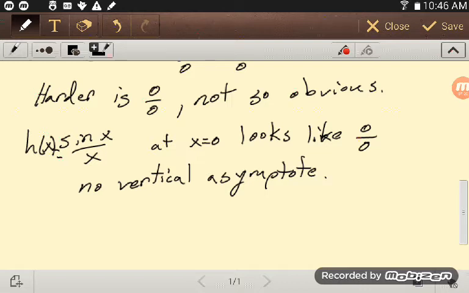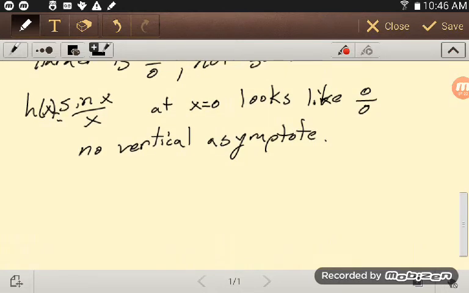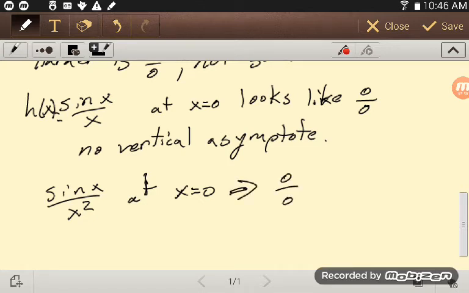Okay, so you would get something like that, but on the other hand, let's see, what else could we do? Well, if we change it to instead, what if we look at sine of x over x squared? Okay, well, at x equals 0, this implies 0 over 0 again.